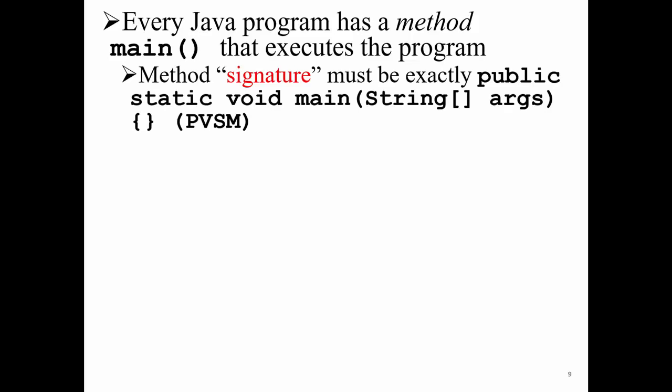Now the method signature, we're going to discuss later in the lectures. The signature of this method is very important. It's to recognize this method and make it different from other methods.